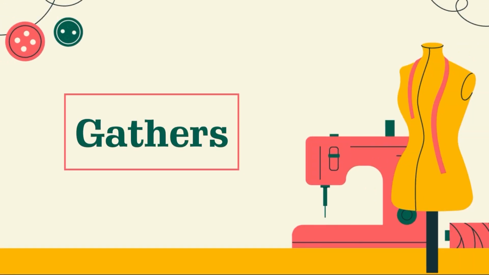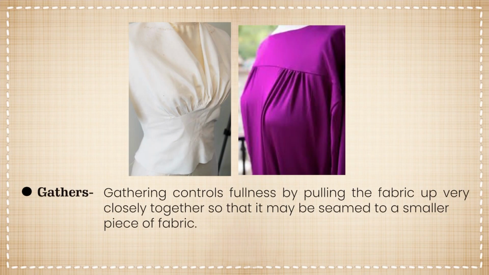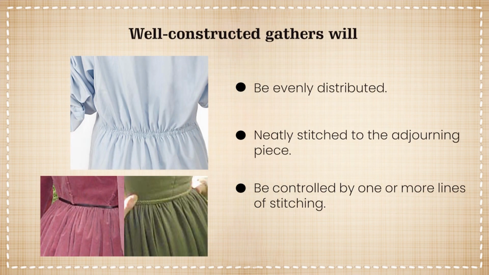Let's discuss another dart equivalent, gathers. Gathering controls fullness by pulling the fabric up very closely together so that it may be seamed to a smaller piece of fabric. Well-constructed gathers will be evenly distributed, they will be neatly stitched to the adjoining piece, and they'll be controlled by one or more lines of stitching.